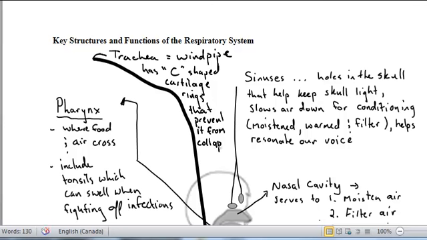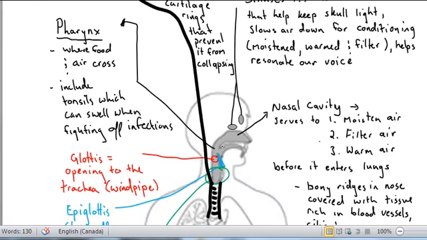Because if you think about when the air goes out of a balloon, it collapses. Well, so would your trachea collapse as the air exited if it didn't have these cartilage rings.